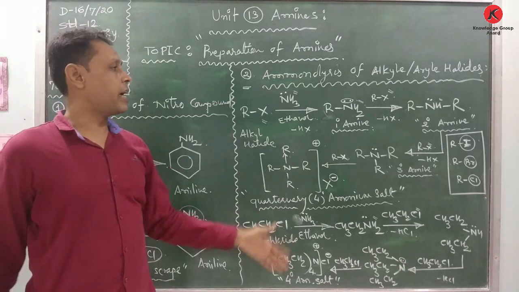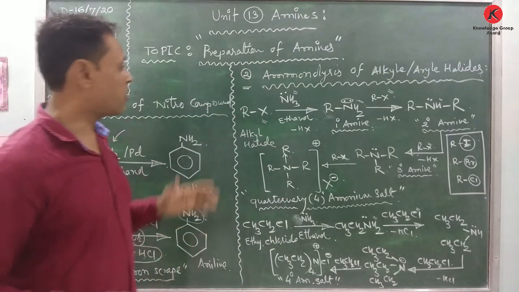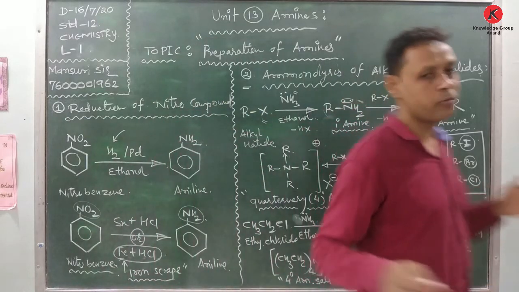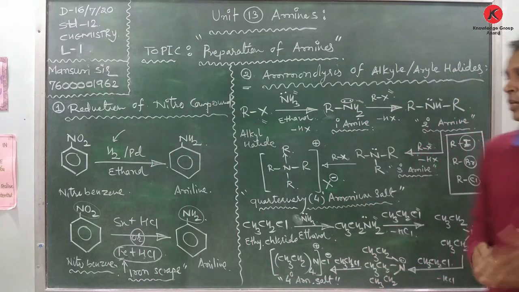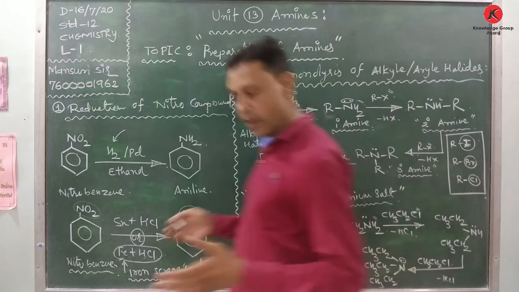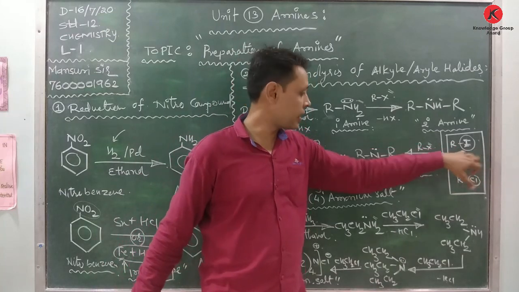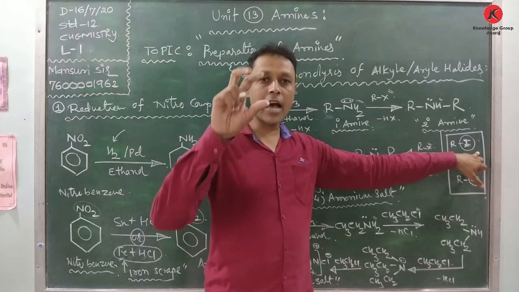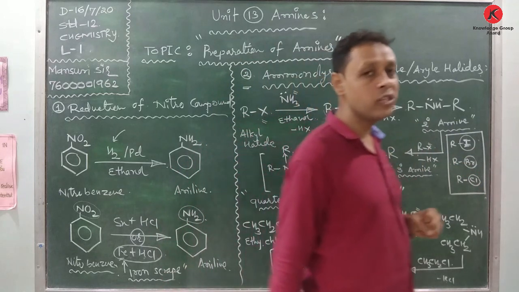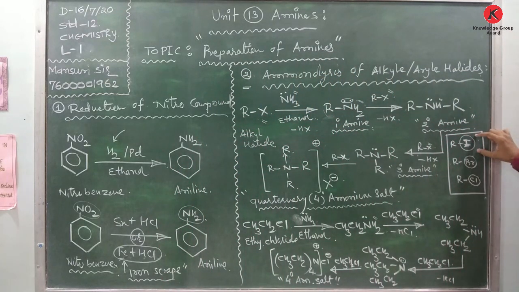So we can say that by ammonolysis of alkyl halide we can obtain amine compounds. Now this reaction is reactive. Whenever we are talking about halide compounds like RI, because the atomic size of I is more than Br and Br than Cl, so we can say that the more atomic size, the more reactive.